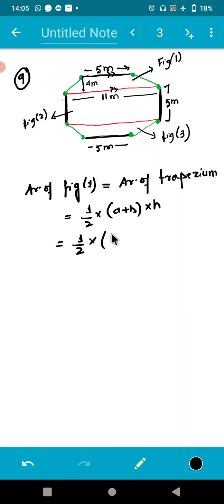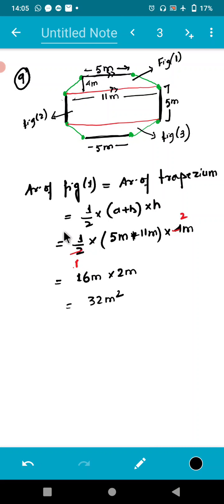So, half into 5 meter plus 11 meter into, and what is the distance between these 2 parallel sides? It is 4 meter. Now, we will reduce this. 2 1s are 2, 2 2s are 4. So, 5 meter plus 11 meter would be 16 meter into 2 meter, and that would be equal to 32 meter square. So, this is all about area of figure 1.